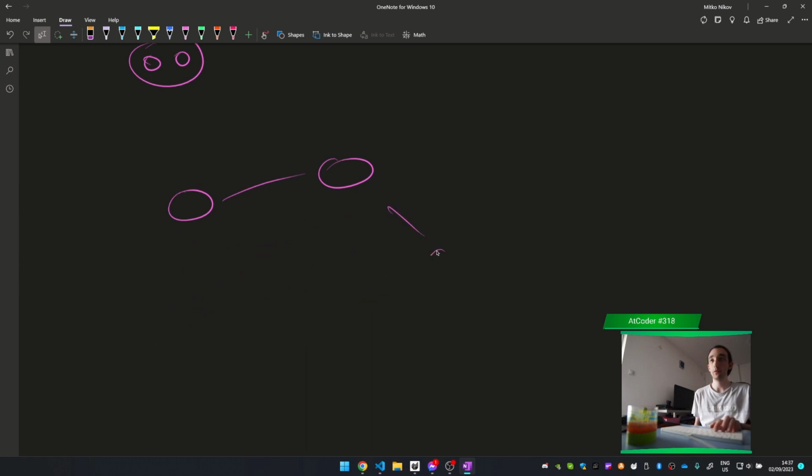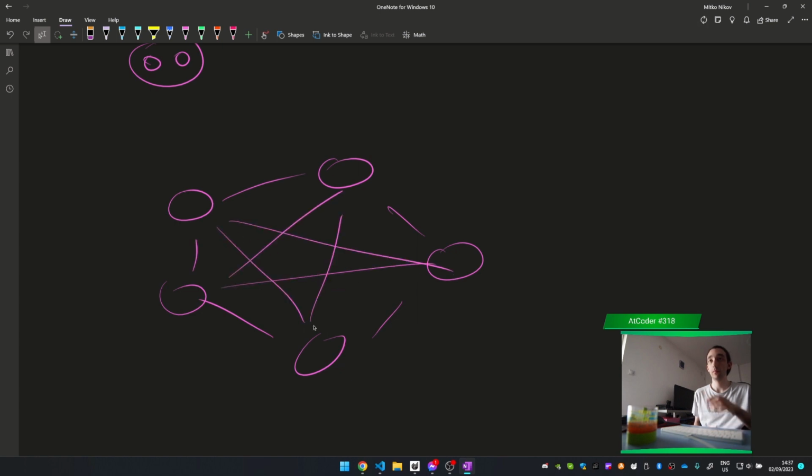Let's just draw a bigger graph. And then you're supposed to choose some maximum matching.